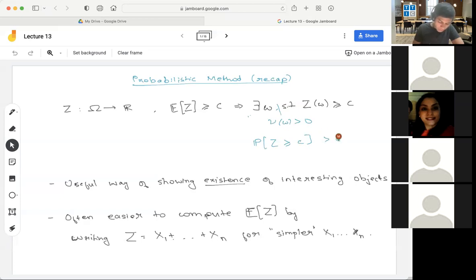So there is an outcome which makes z greater than or equal to c happen, and this is maybe some good event that you are interested in happening, sort of a good object that you are interested in the existence of.